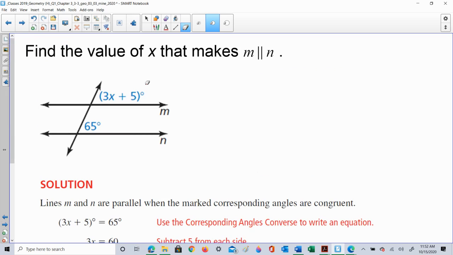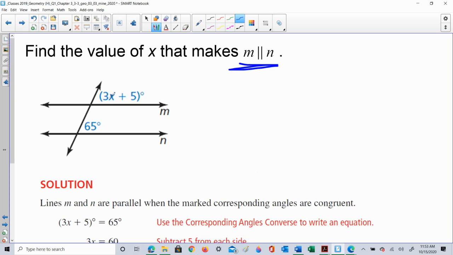All right, so let's see if we can use these converses. Find the value of x that makes m and n parallel. Well, these two angles are what kind of angles? They're corresponding angles. So when the corresponding angles are congruent, then these two lines will be parallel.